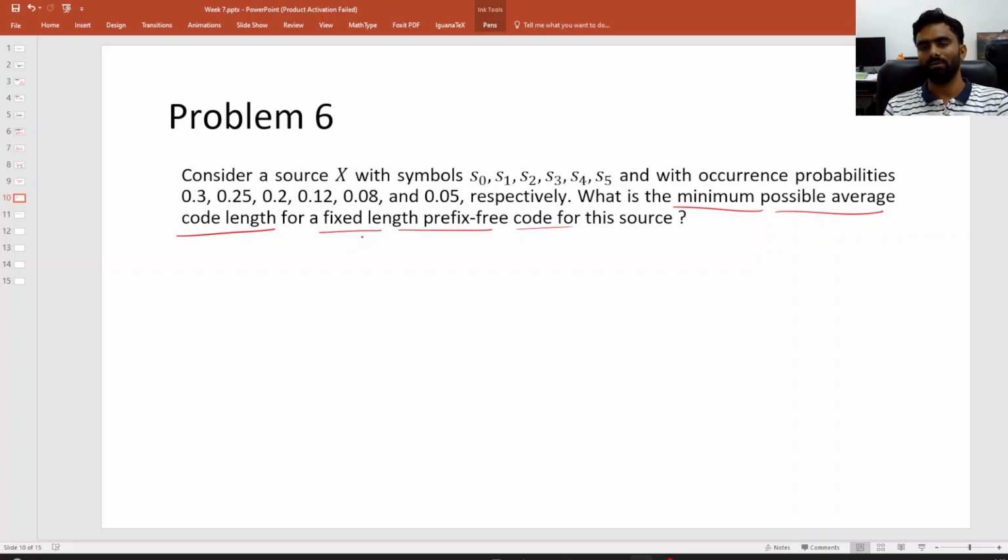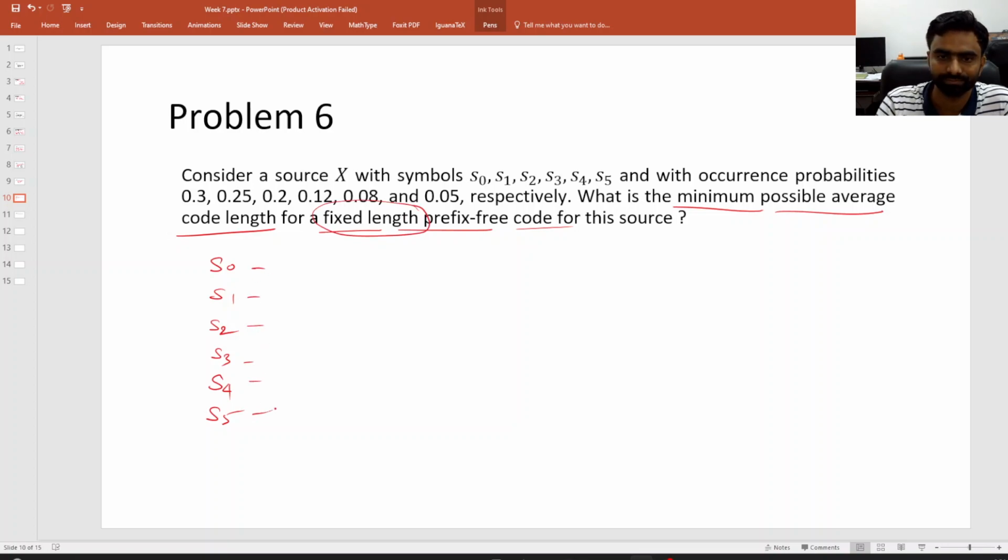This problem you can solve orally. Can anyone give the answer? If there is a prefix free code of a fixed length, length is fixed, not arbitrarily large or small, what is the minimum possible code length?